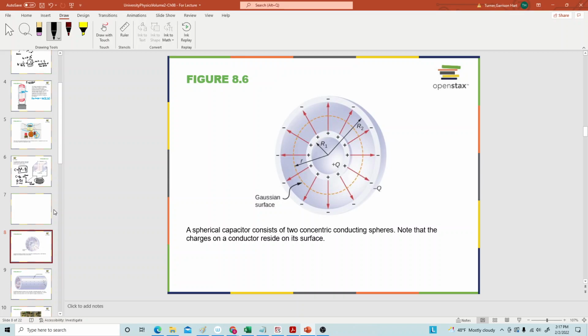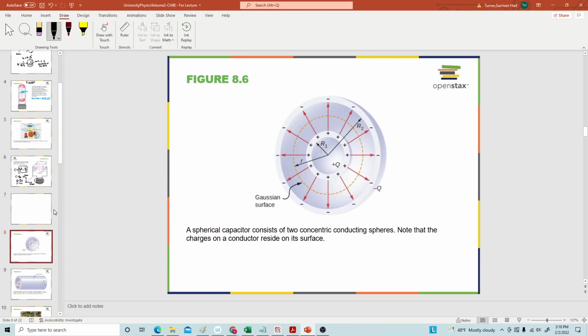You put an amount of charge on your inner sphere, and you subtract the exact same amount of charge from your outer sphere. And when I say add charge and subtract charge, I'm talking about positive charge, right? So you add positive charge to the inner sphere, you subtract positive charge from the outer sphere, and you're left with a positively charged inner sphere and a negatively charged outer sphere.